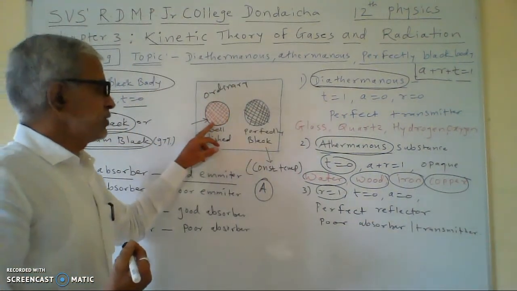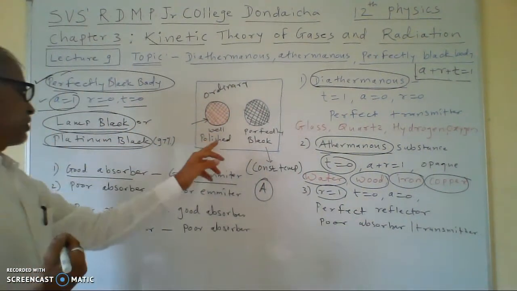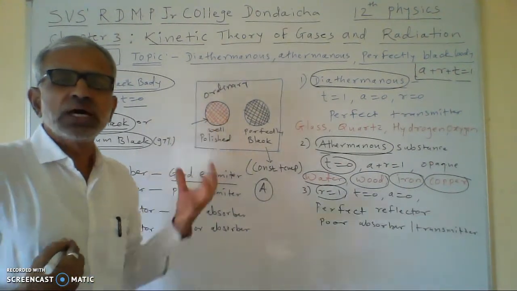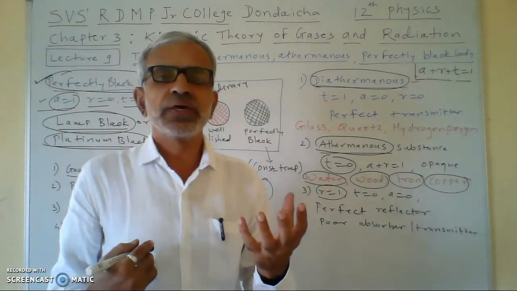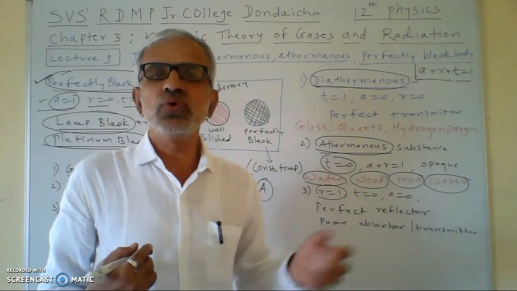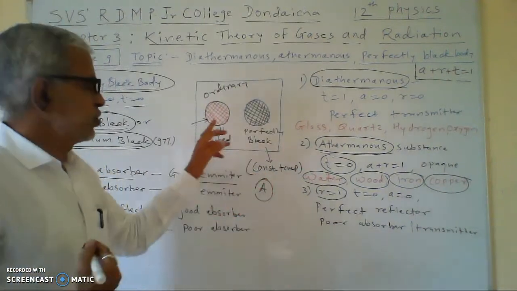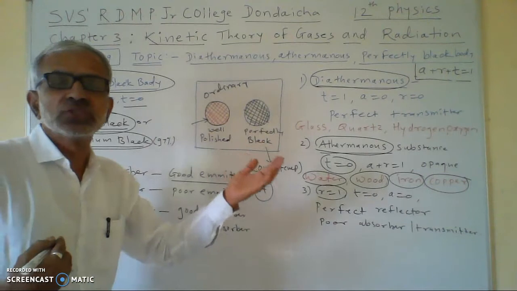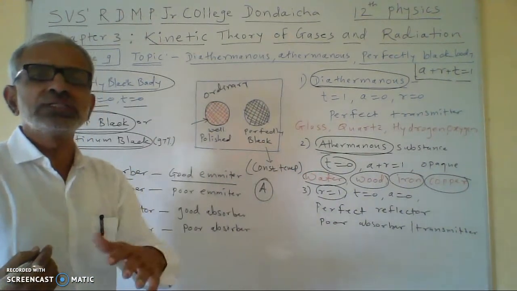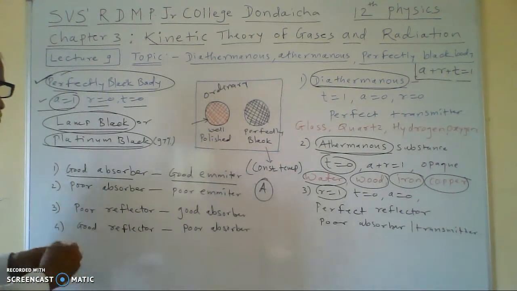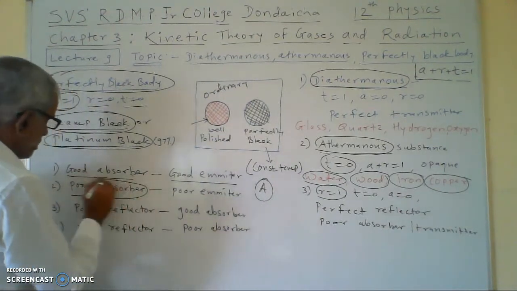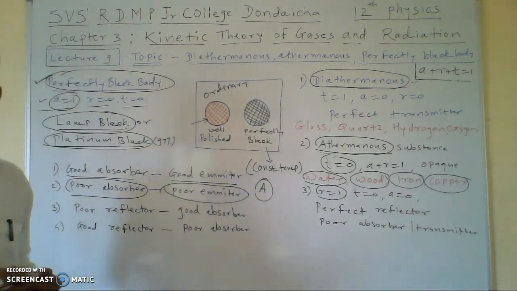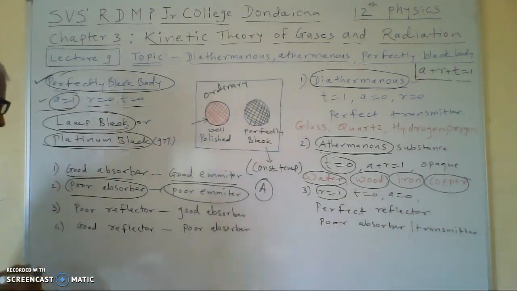Since it is a poor absorber, it emits less heat, and so you can say that a body which is a poor absorber is also a poor emitter of heat. So this point is also clear.